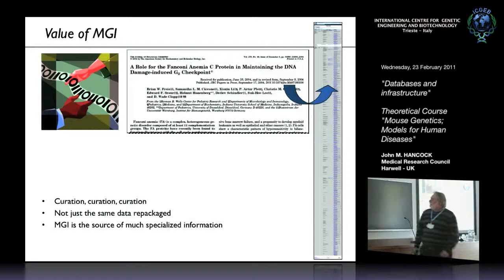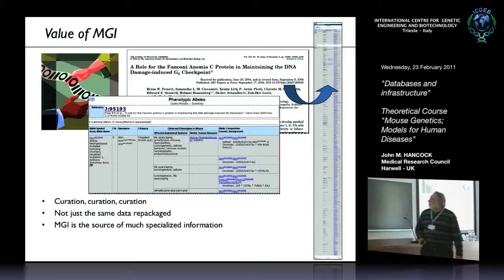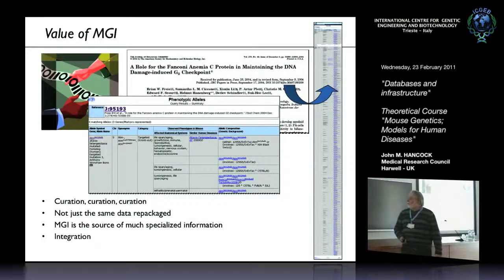So, for example, the papers go into long lists of stuff about genes, and you get descriptions of individual alleles of genes and the phenotypes of those genes, annotated using standard nomenclature, which I'll come back to. The other thing is that you can link together the different kinds of knowledge.